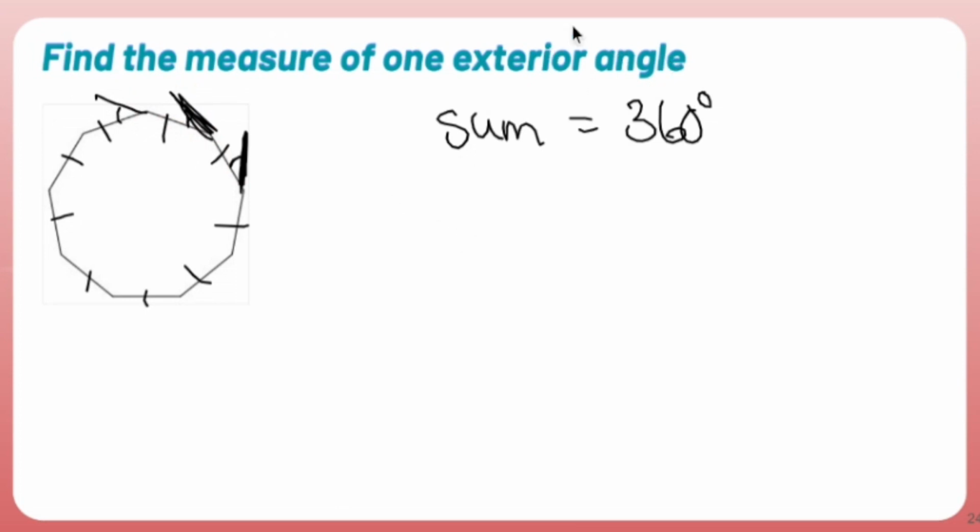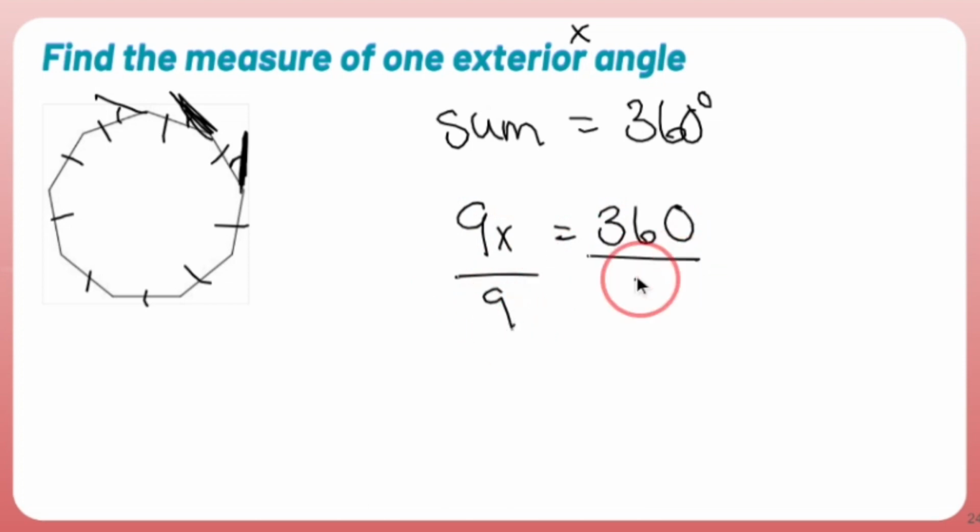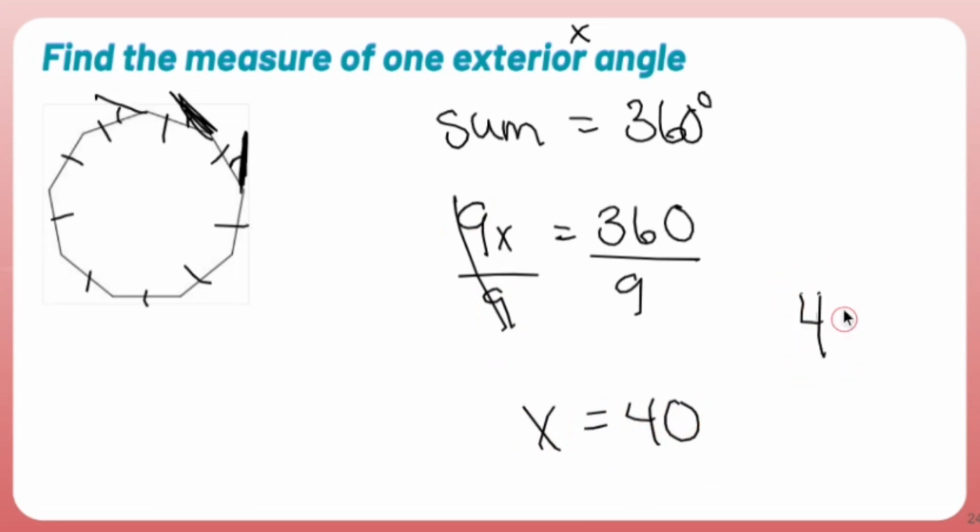So I will call an exterior angle X for exterior. Since there's 9 exterior angles and they all add up to 360, I'll say 9x equals 360. Divide both sides by 9, and x equals 40. So each exterior angle is 40 degrees.